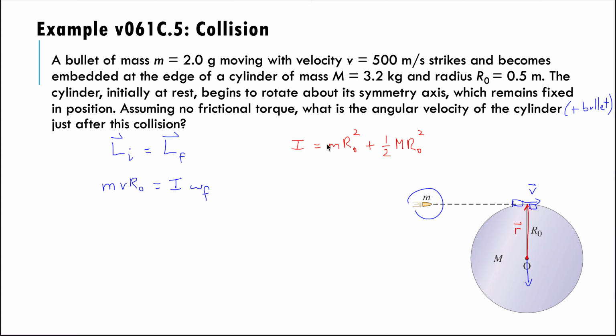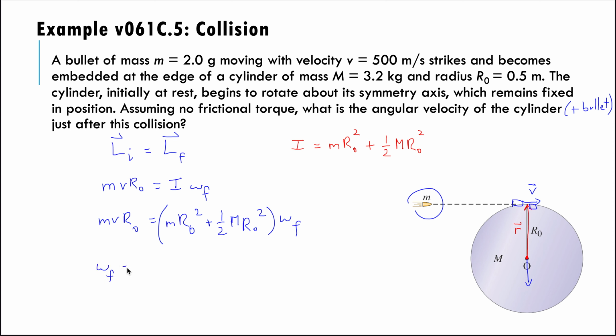So we can plug this moment of inertia into our angular momentum conservation equation. We're going to have m v r naught equals (m r naught squared plus 1/2 capital M r naught squared) times omega final. And now we can solve for omega final.